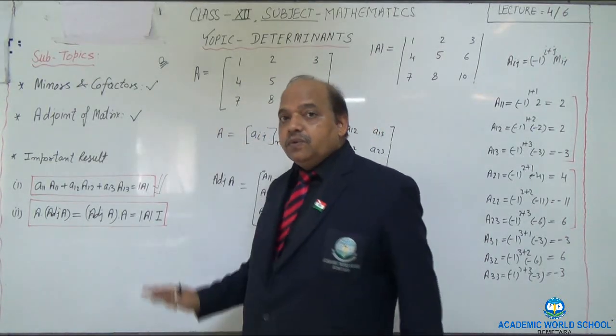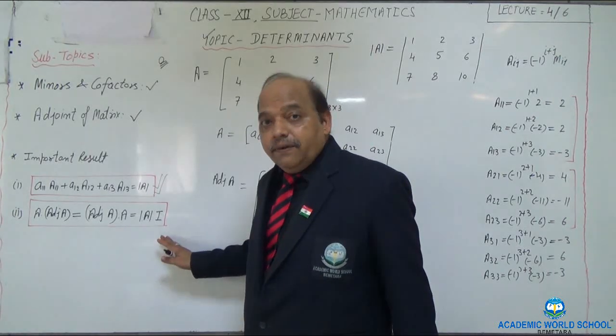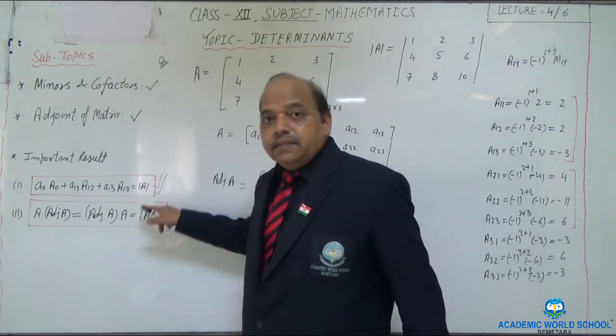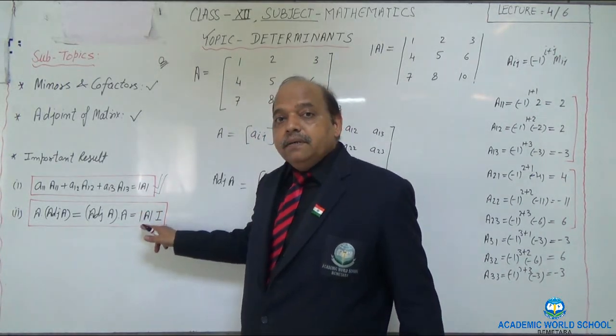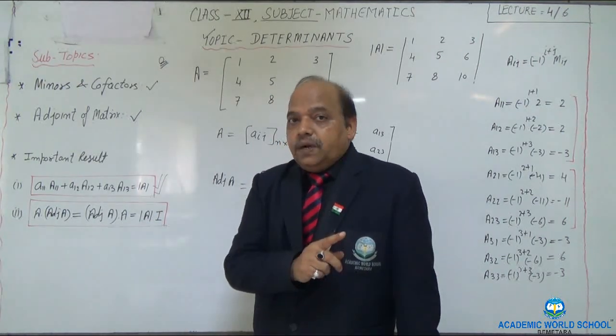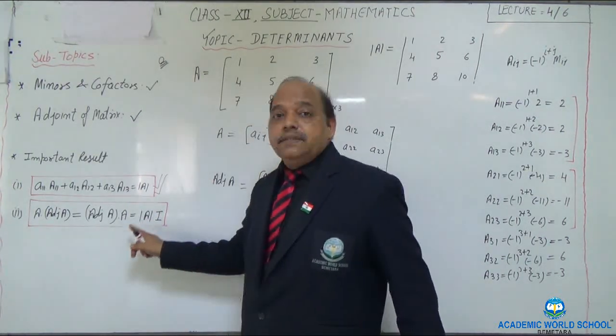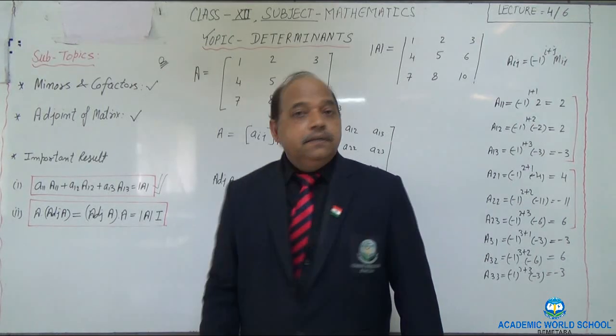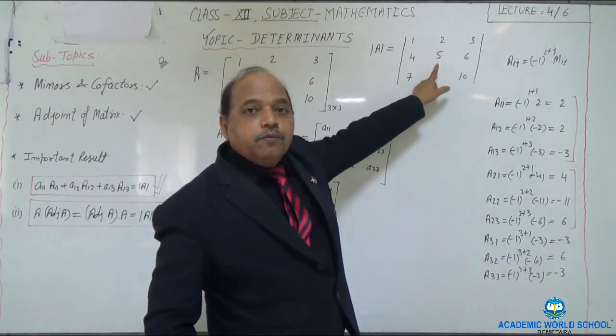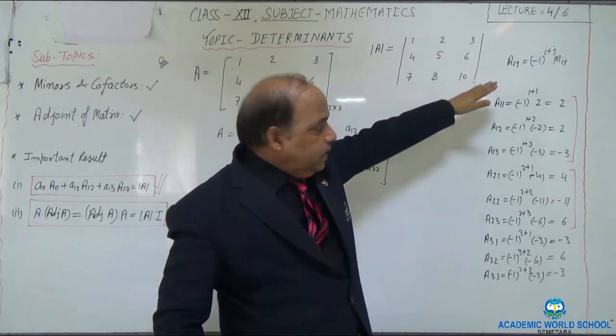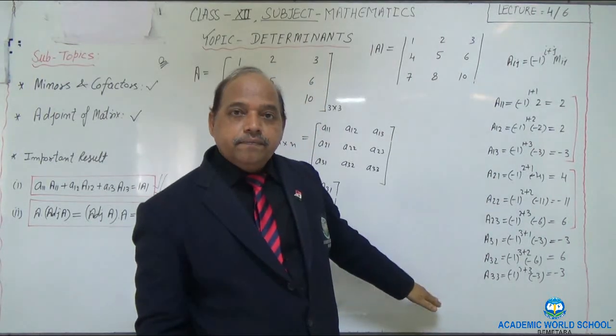Now I am not going to explain this here, but I will definitely explain this property. I would urge each one of you to verify this property using the same question. All the cofactors are written.